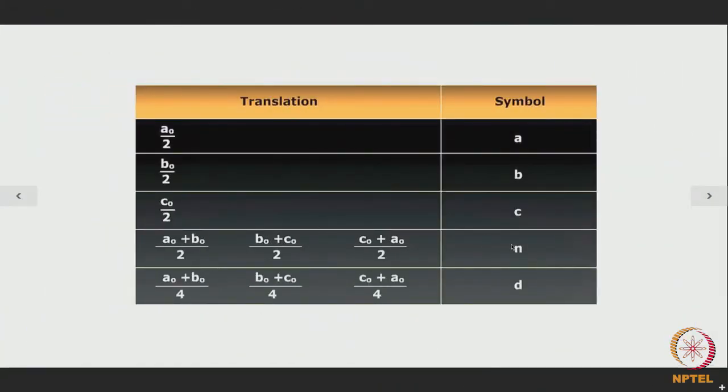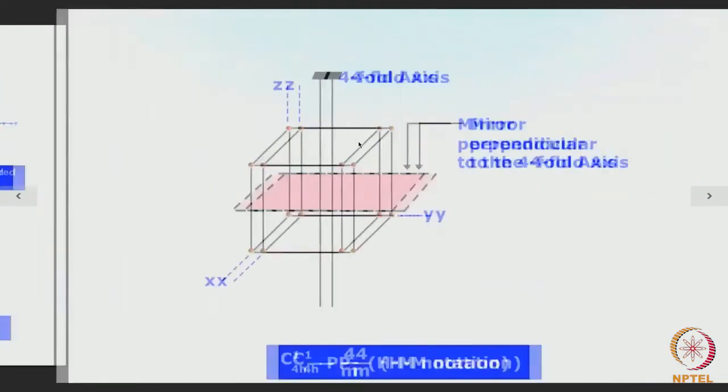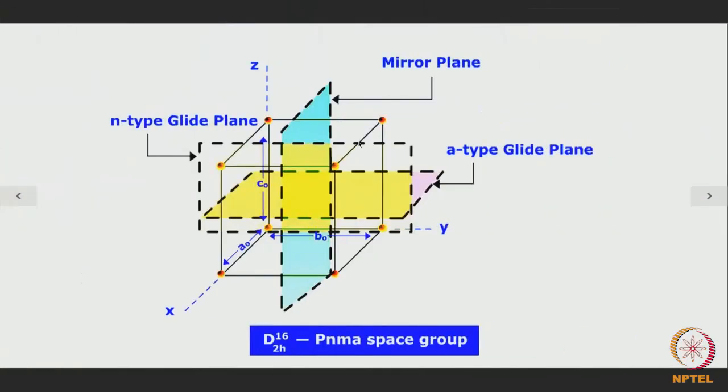An n type glide plane has a translation of this type, an a type glide plane has a translation of this type, etc. So, once we write this space group as Pnma, that says explicitly what the symmetry elements involved in this are.